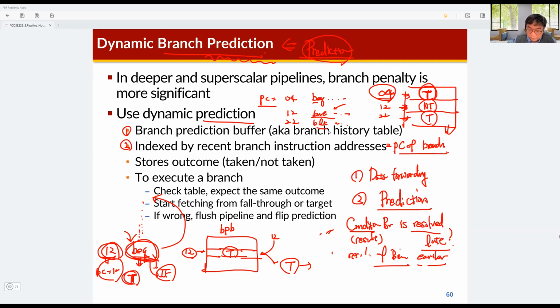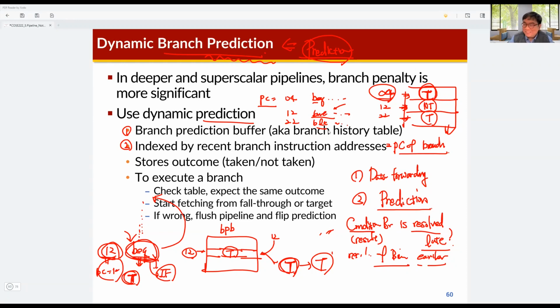And if it was taken, then we can predict that the result of this branch instruction can be taken. So that's how we can predict the result of a branch instruction earlier. Do you understand?